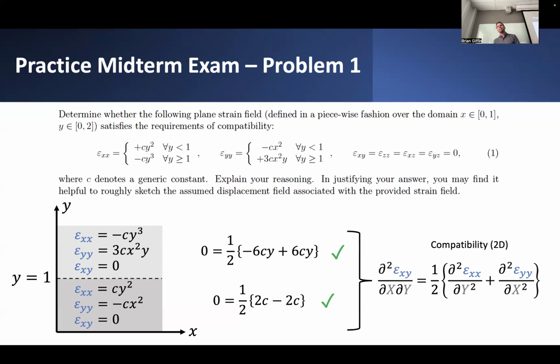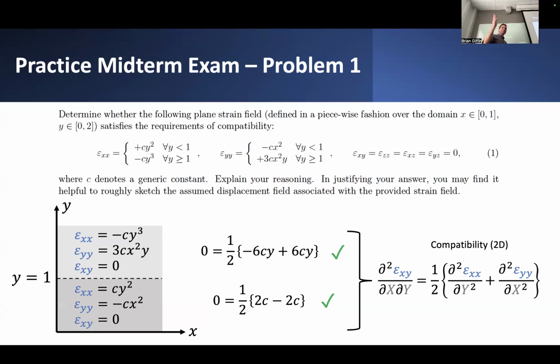Now, we can verify that that's the case by actually figuring out what the displacement field is. But oftentimes it's a little bit difficult to do, which is why we had this compatibility equation, which was an expression that pertained only to the strain field itself. But it really is limited in certain applications. It's limited to scenarios where the strain field itself is continuous.